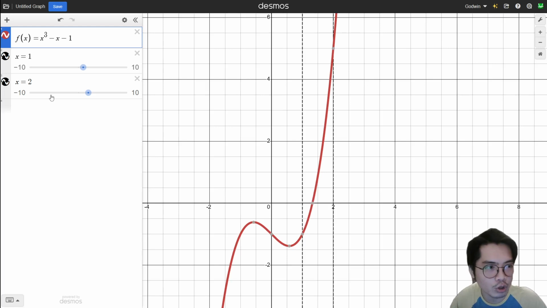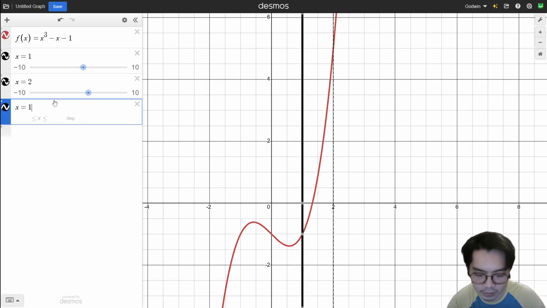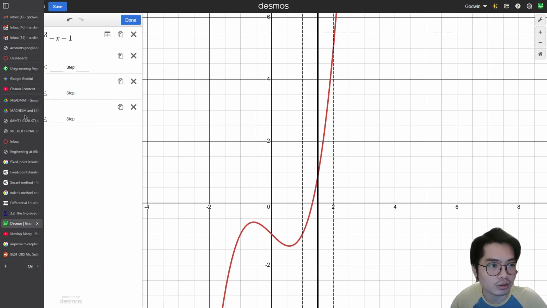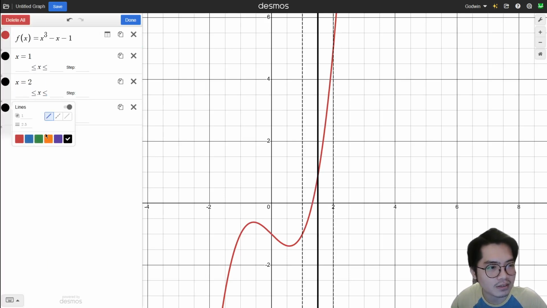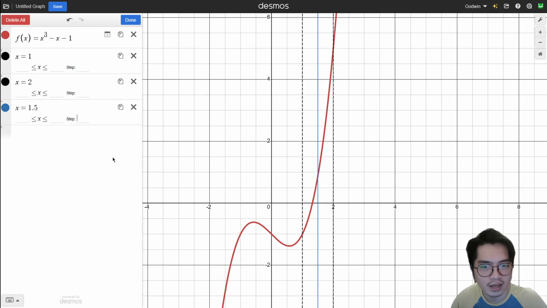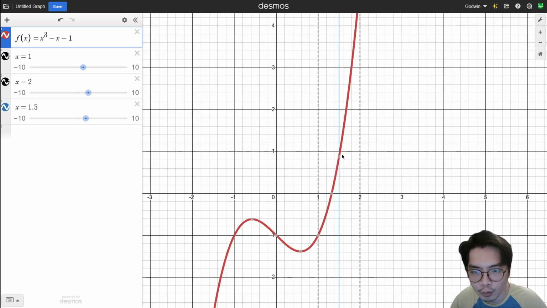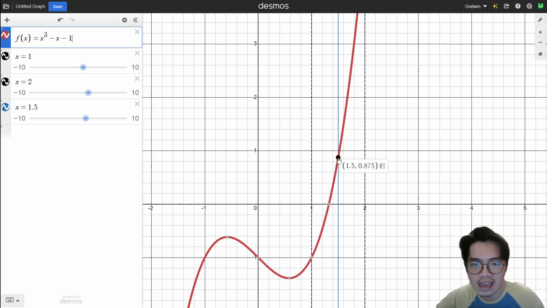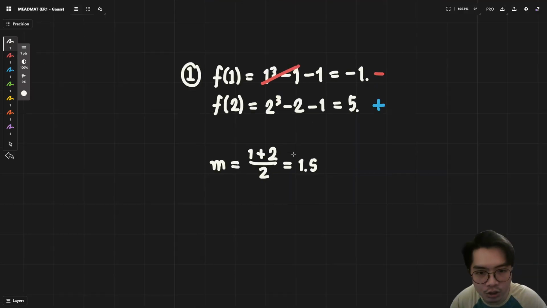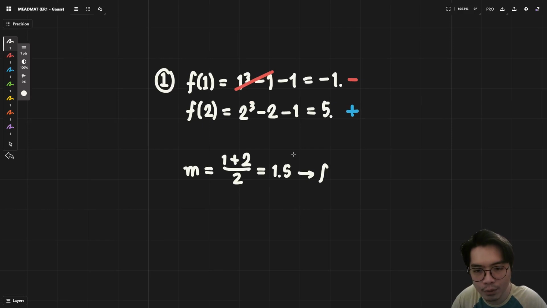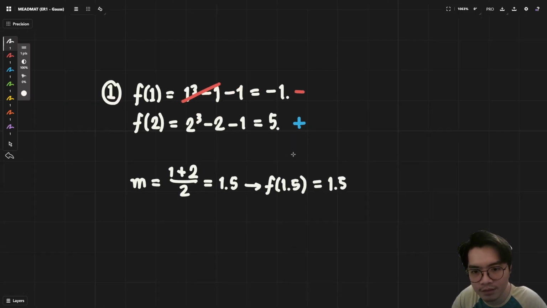So what we will do with the 1.5 now is that we'll just substitute. Let me make this blue. And now what you will see is that if you substitute that blue portion into the function, f of 1.5 is going to be 1.5 cubed minus 1.5 minus 1.